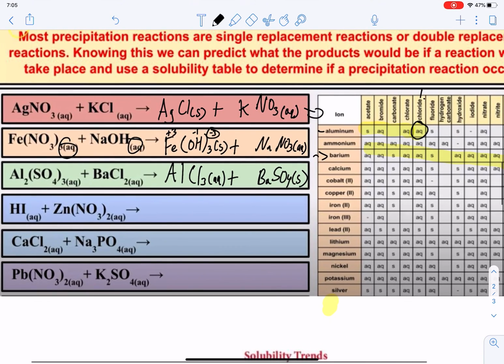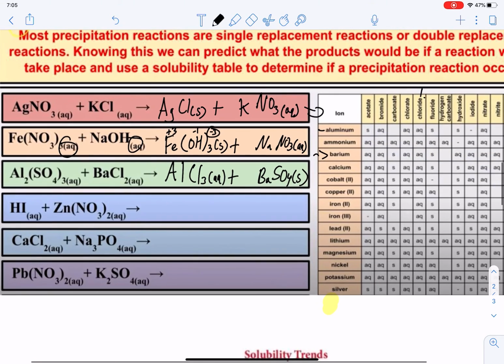Okay, so next one, hydroiodide. All right, so find hydrogen. Let's see. Oh, sorry, we gotta write the actual products first. So in this case, we have zinc iodide plus hydronitrate. All right, so whenever we're dealing with something with hydrogen in it, that's going to be our aqueous solution.